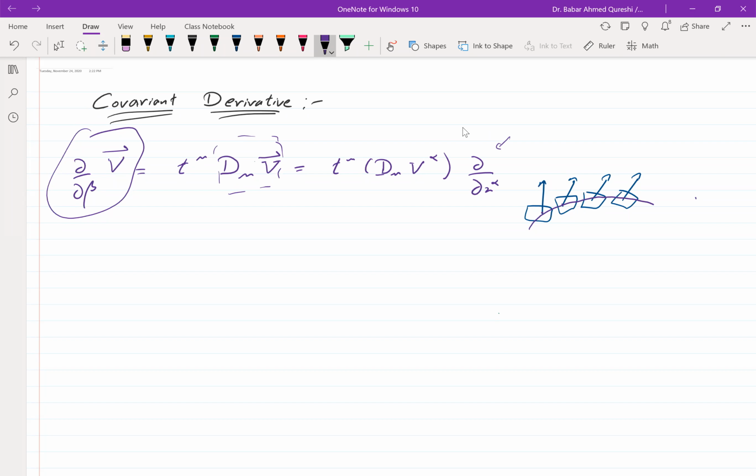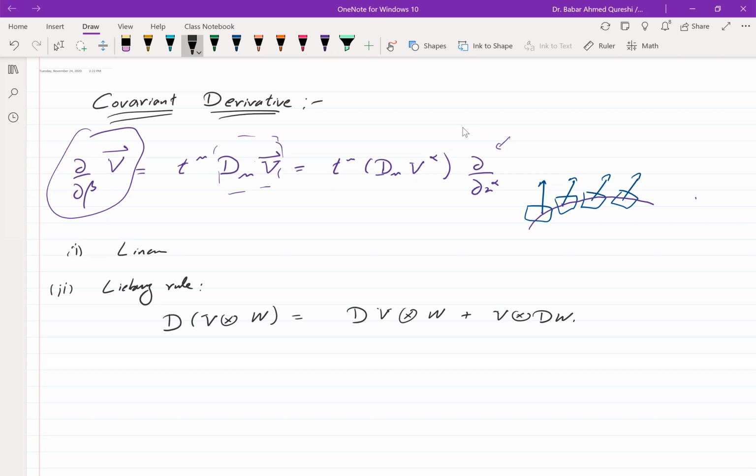And what do we want from it? We said that we want this to be linear, and number two, should obey Leibniz rule, which means if I have two of these, it should be like this. And well, before this, I should say that I should be defining it for all tensors.